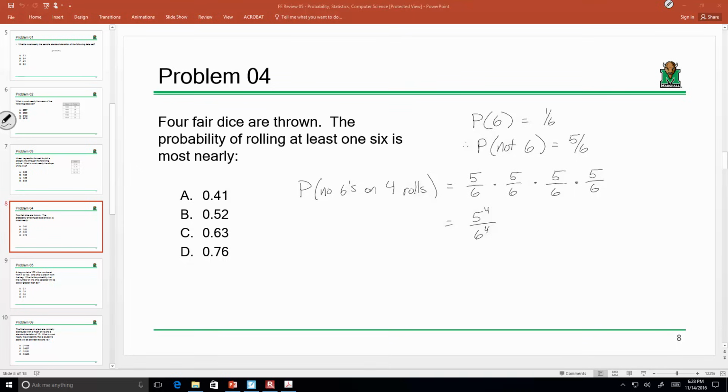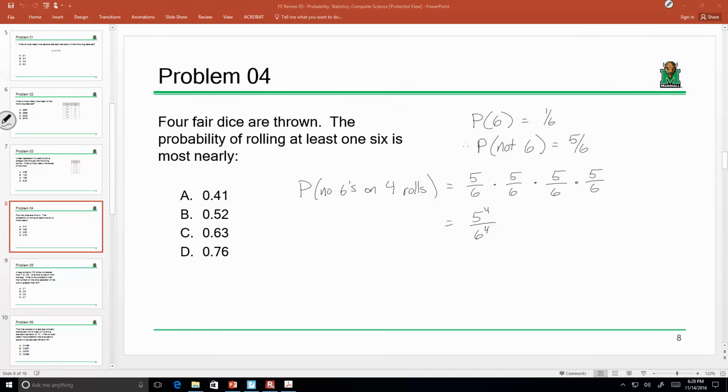You okay with that? Everybody good? That number is the probability of not getting any 6s at all.